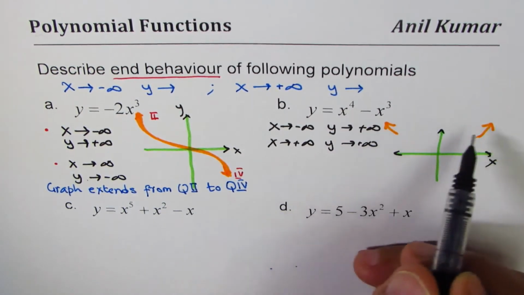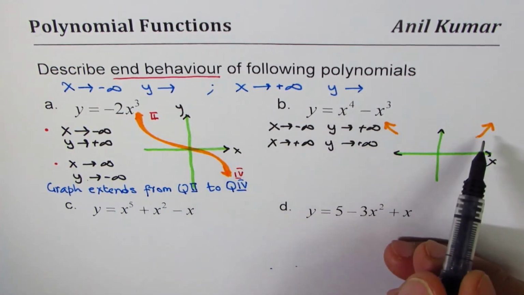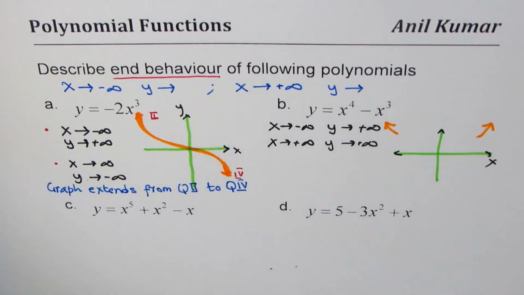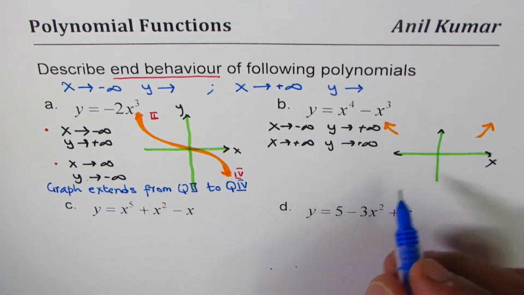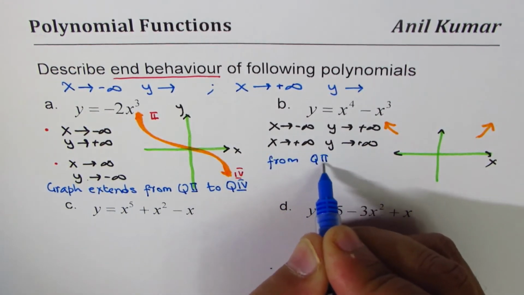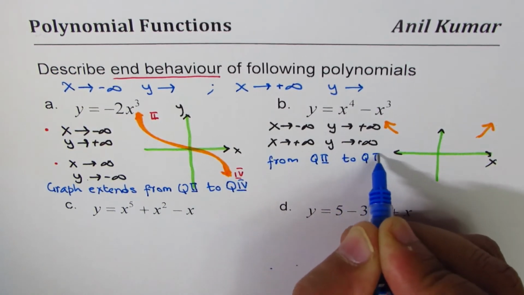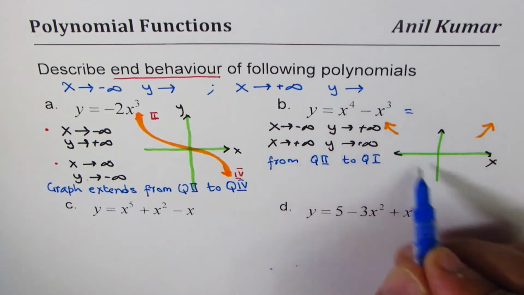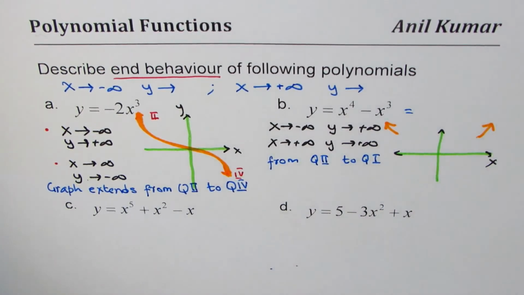Both are on the same side. Positive means right side up. Or you could also say that the graph extends from quadrant 2 to quadrant 1, correct? Some of you can actually factor and make an accurate graph also.